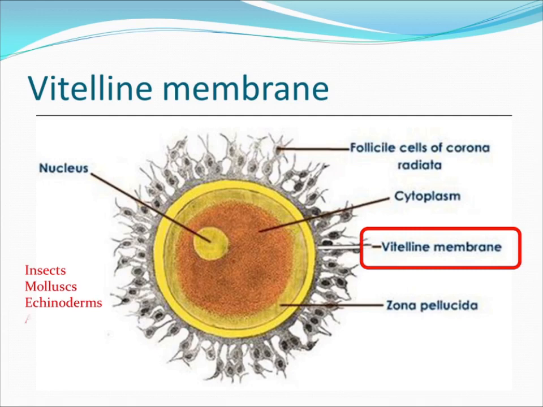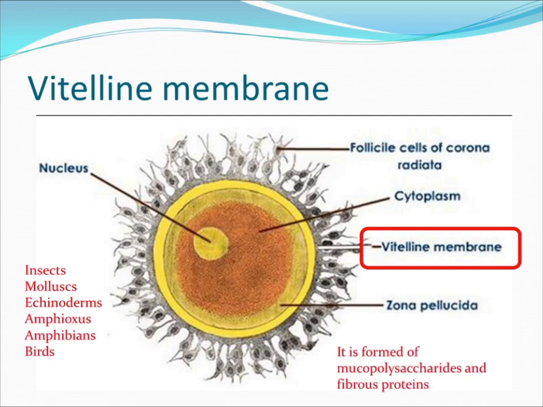Next is vitelline membrane. It is found in the eggs of most animals like insects, mollusks, echinoderms, amphioxus, amphibians, birds, etc. It is a very thin and transparent membrane that is closely attached to the plasma membrane of the egg. It is formed of mucopolysaccharides and fibrous proteins.